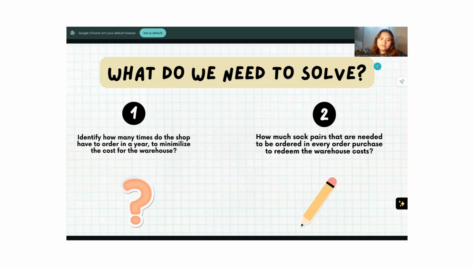So what do we need to solve? In order to know where we are going with this case, we need to specify specific questions that help us know what formulas and what process we need to follow to reach the finishing goal. The first is how to identify the number of times the shop needs to order in a year to minimize the warehouse cost.